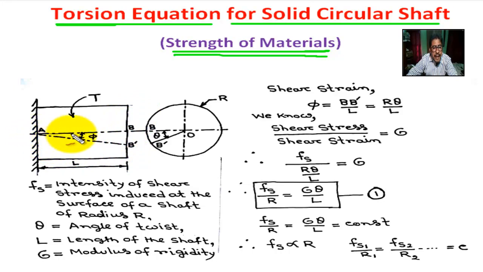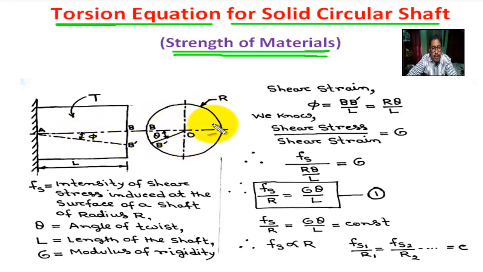A line AB on the shaft surface will be distorted to AB dash after the application of the torque T. In front view, B moves to B dash on the surface. Phi is the angle of distortion.